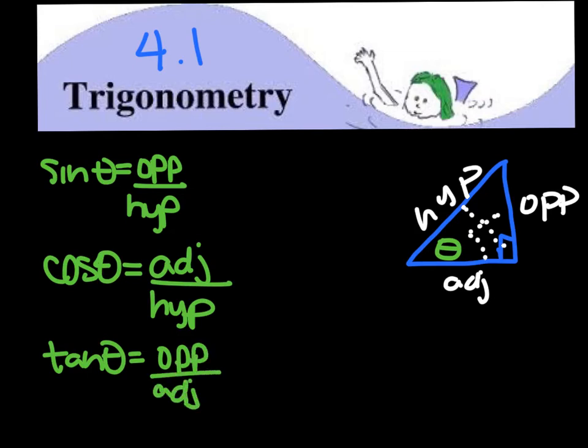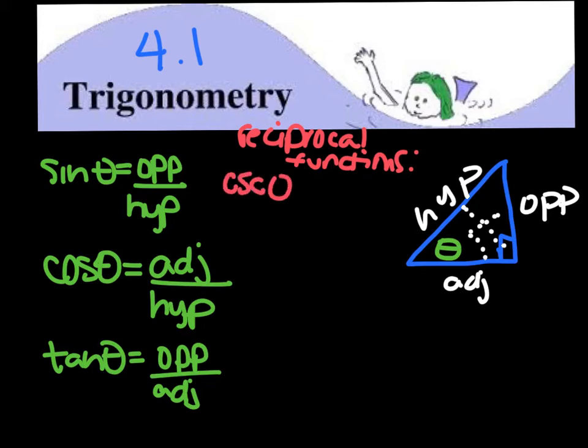There are also three what we call reciprocal functions. They're not inverse functions, you need to be careful. They're called reciprocal functions. The reciprocal of sine is cosecant, that's your hypotenuse over your opposite.